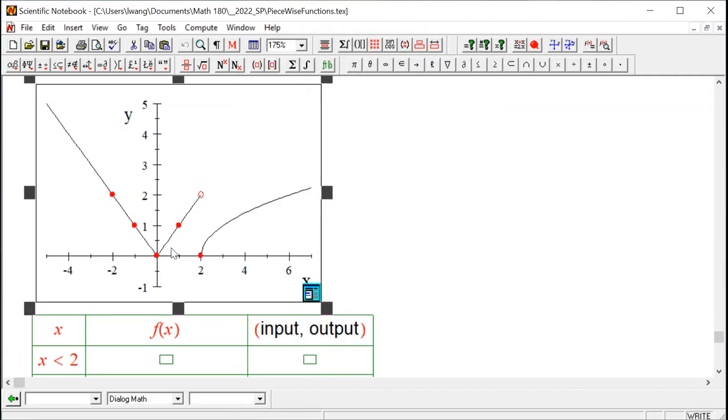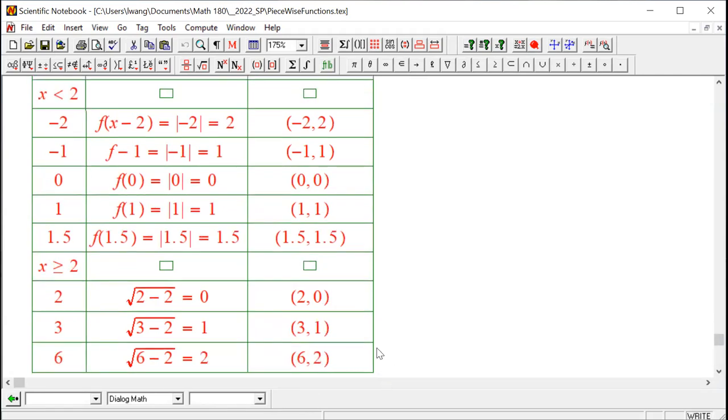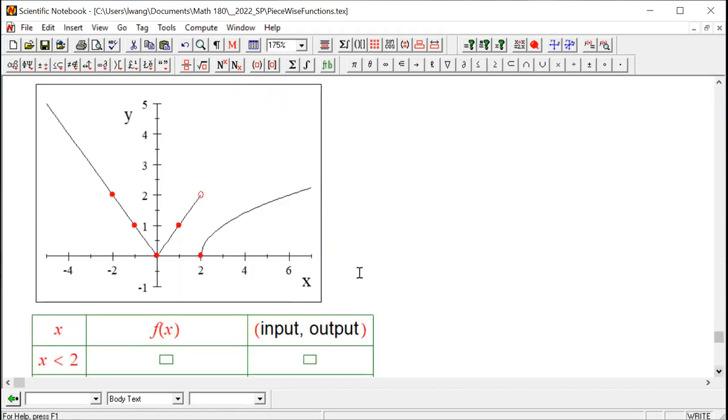So when we graph this, you follow the rule and plot these points, and then the other points: 2, 0; 3, 1; 6, 2. We put these 3 dots in place.